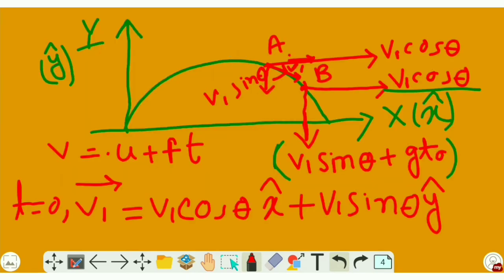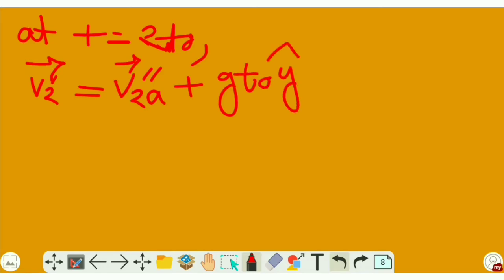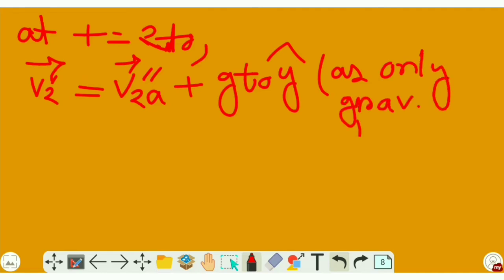So we can write the v2 dashed vector is equal to v2 a double dashed vector plus g t0 y cap, as only the gravitational force is acting downwards.